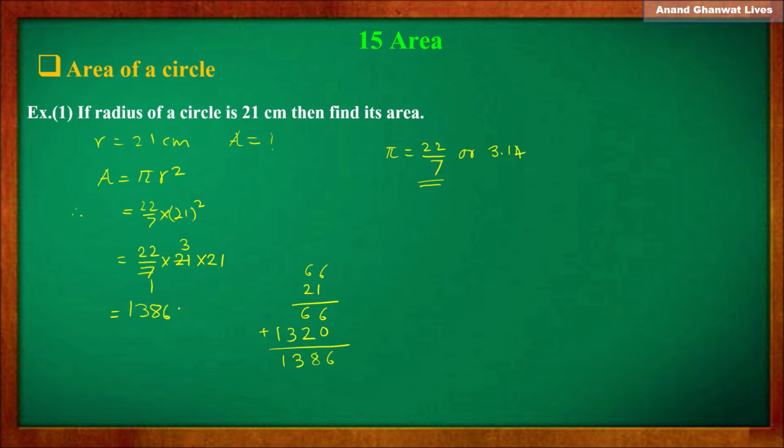So that is the answer of the given question. And you know that the unit of area is square centimeter. So A, means area of a circle, is 1386 square centimeter.